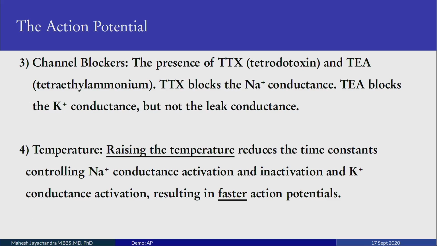So the thresholds go down, the conduction goes down. So just by cooling the body or cooling the axon, it reaches threshold, and you have some amelioration of the symptoms. So here you can actually see, when you change the temperature, how the time constants also change. Okay.